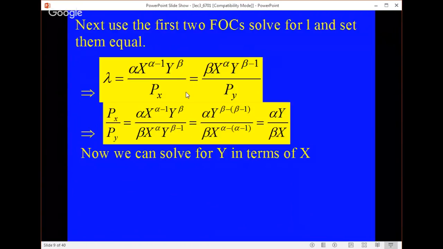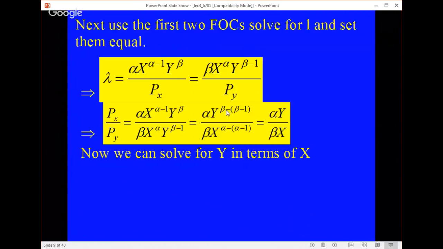The y to the beta cancel. And here on the bottom, I have y to the negative 1. I can bring that up to the top and just get y. And here I have x to the negative 1. I take that to the bottom. So I get alpha y divided by beta x.